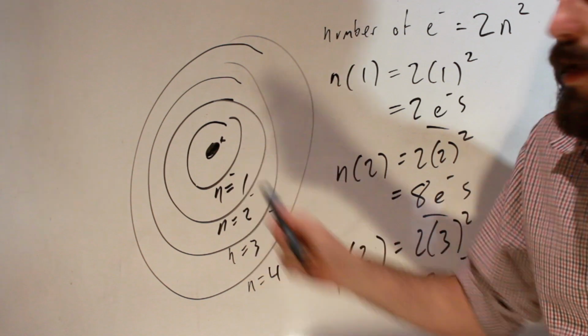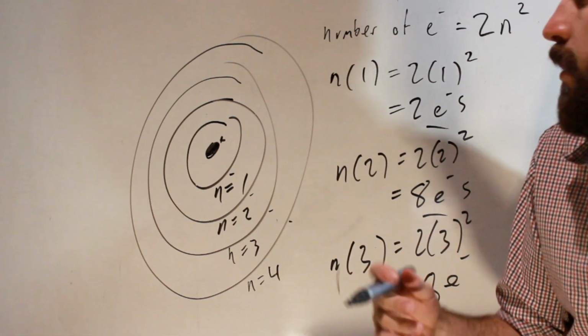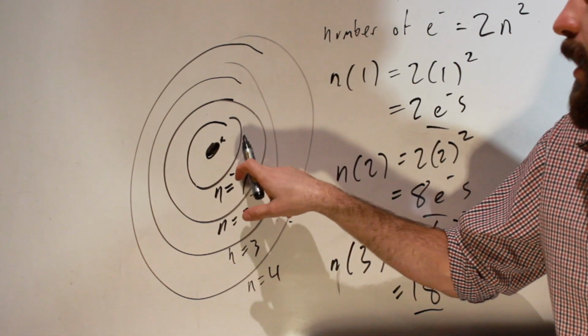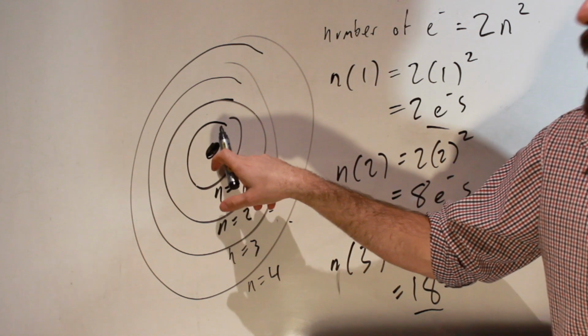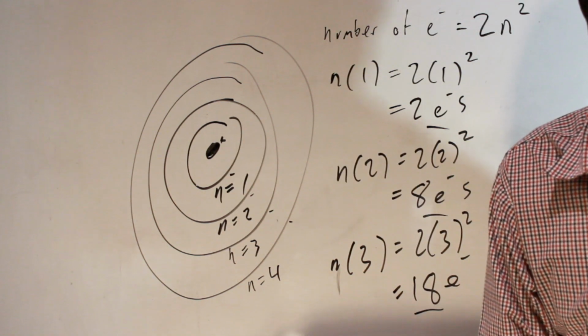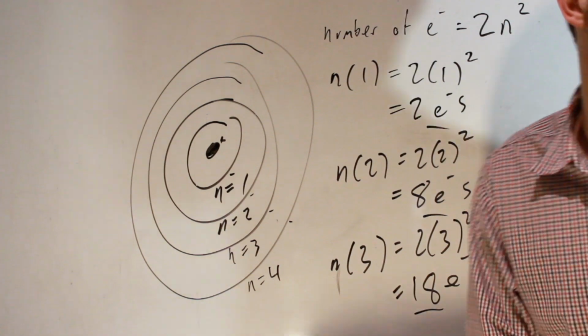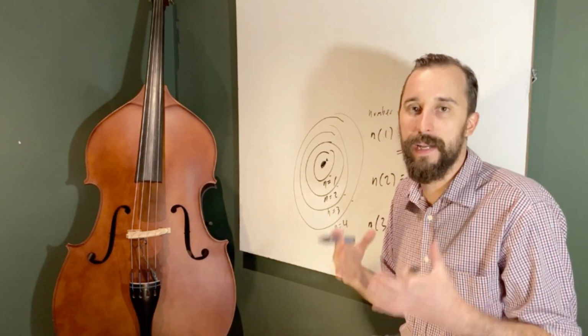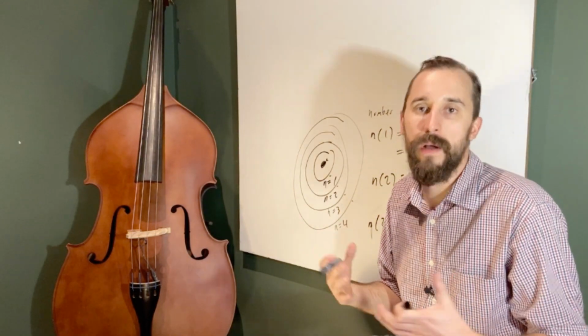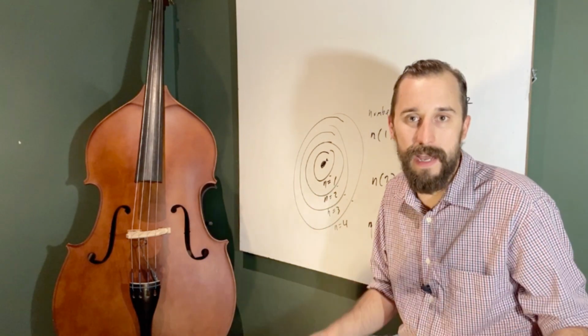The positive and the negative stabilize each other. So the closer the negative charge is to the positive charge, the more stable it will be. Consequently, the less energy it will have. Less energy means it is more stable. More energy means it's less stable.